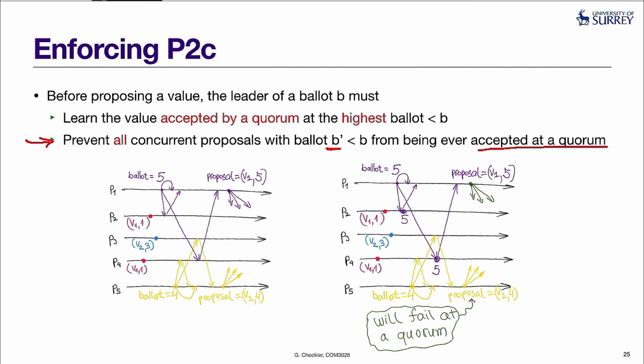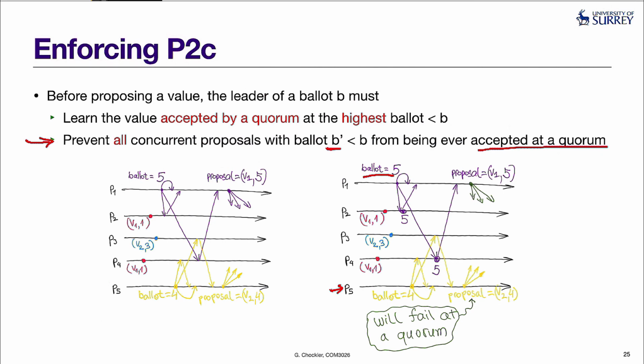So in this example, the leader of the proposal of ballot 5 needs to somehow prevent the leaders of all lower numbered proposals, such as P5, from succeeding at a quorum. So how could that be done?